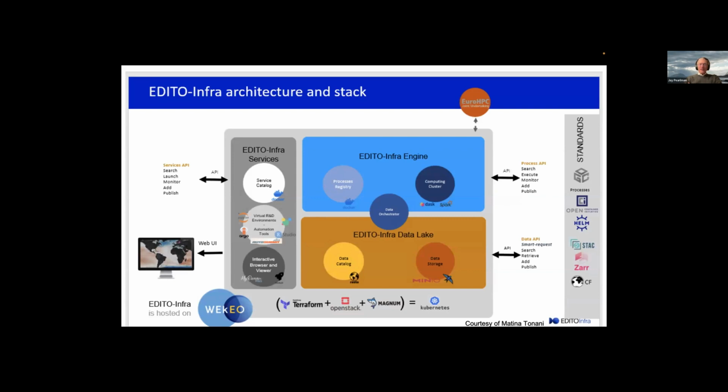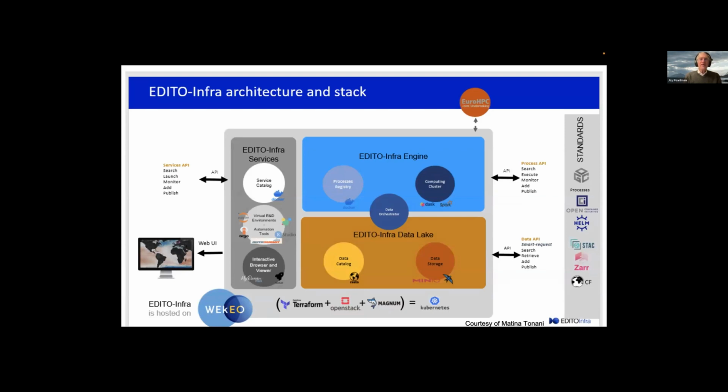We see here a diagram which Marino Tononi has provided me, and I thank her for that, in which we see three major elements. eDitto has a data lake where data is stored and a data catalog that goes with that to be able to select data.